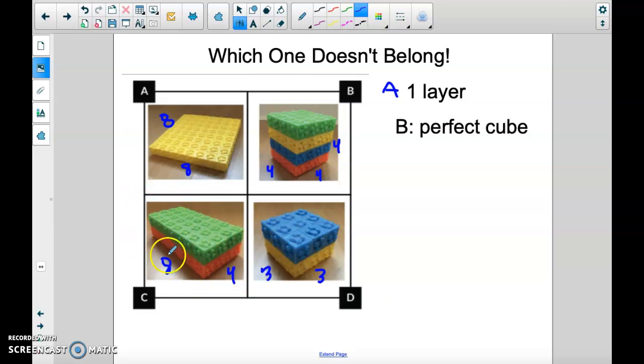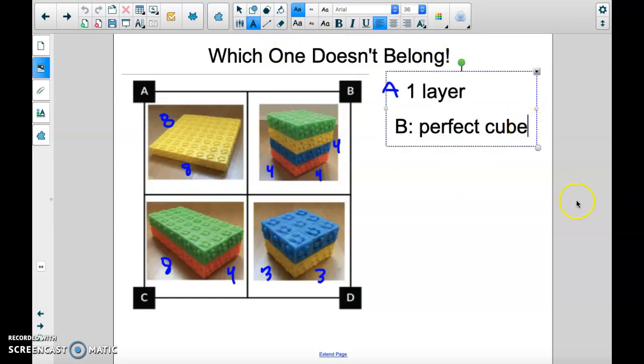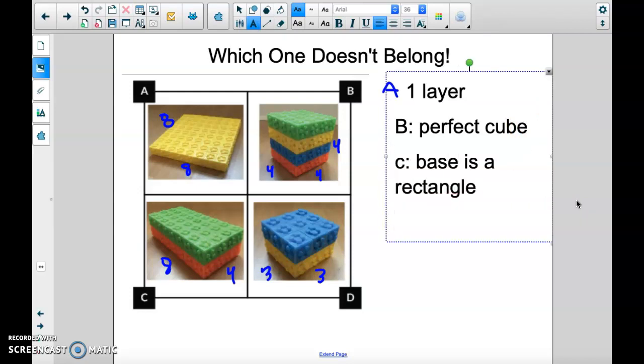You can't say it's the one with 2 layers because this one has 2 layers. You can't say it's the one with a green layer because that's got a green layer. Orange layer, well, that's got an orange layer. So really the only way you could have done this one is to say it's more of a rectangle, and all the bases here are squares. So we could have gone with C, base is a rectangle.